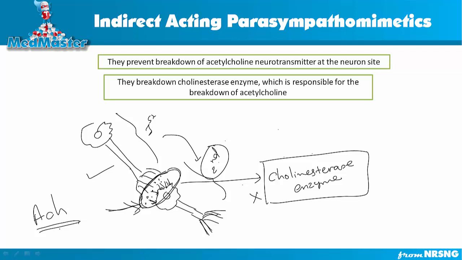Since these medications do not act directly on acetylcholine, they are called indirectly acting parasympathomimetics. They increase the effect of acetylcholine and of the parasympathetic nervous system, but not by working directly on acetylcholine. Instead, they block the cholinesterase. So that's why it's called indirect acting parasympathomimetic drugs. That's the mechanism of action.